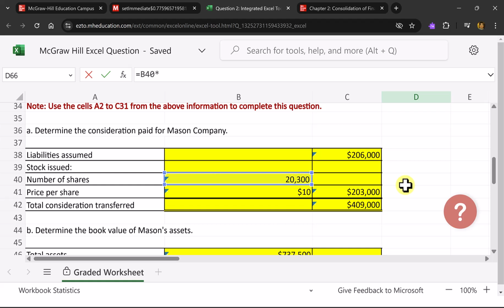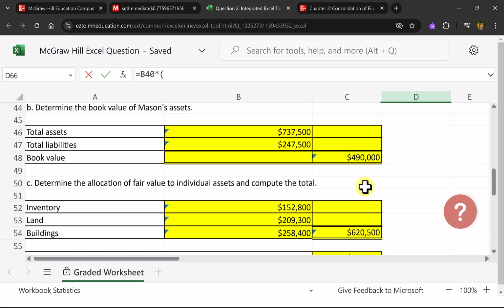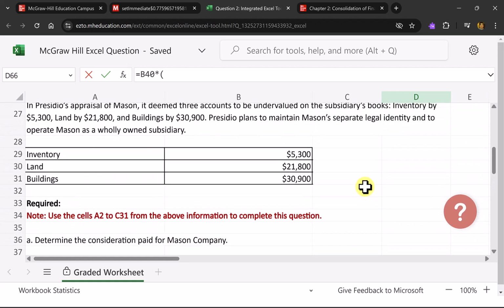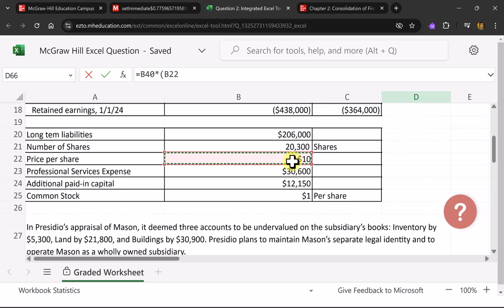I don't type in the number 9. How do I figure out 9 in a formula? Of course, it's going to be here in parentheses because I want this done first in my formula. To get the value, $10 minus the par value, $1. So in this parentheses is $9 times the number of shares. Enter.